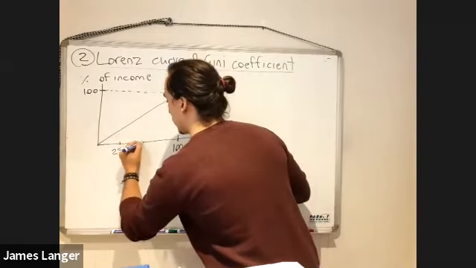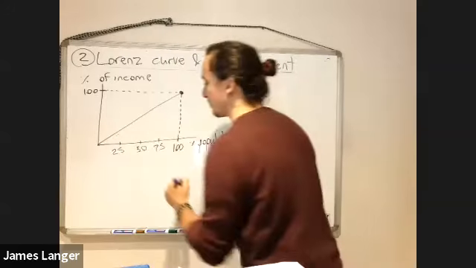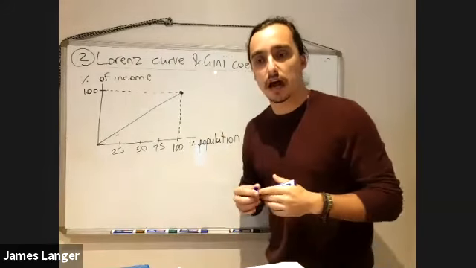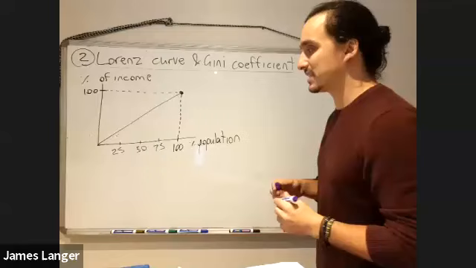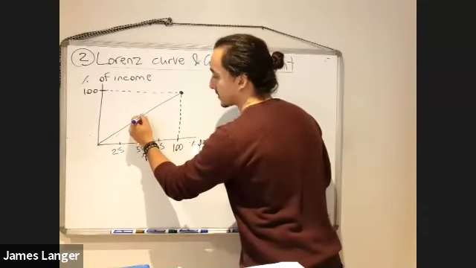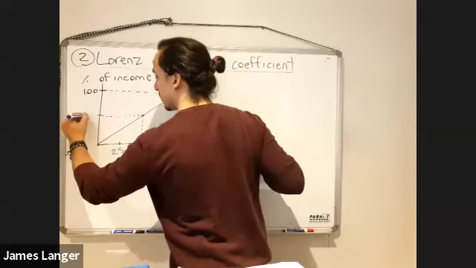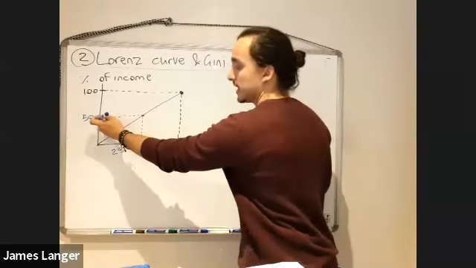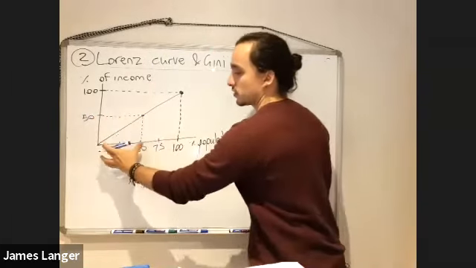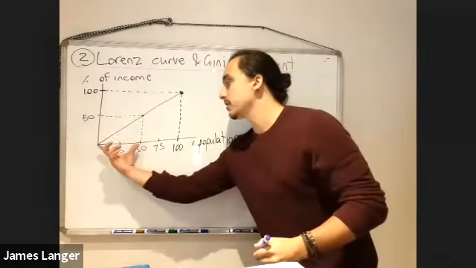Let's write 25%, 50%, and 75%. So we're going to work in the quantiles. A perfectly straight line would mean that 50% of my income is owned by, or consumed by, or earned by 50% of the population.